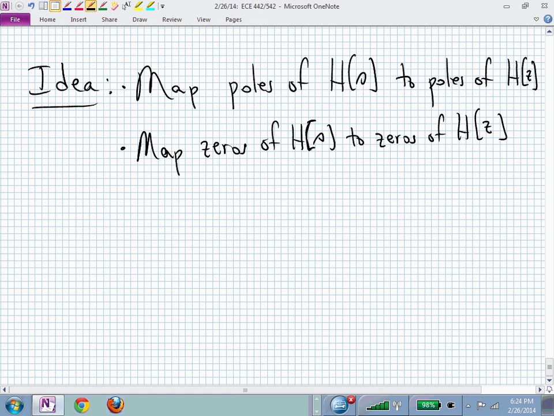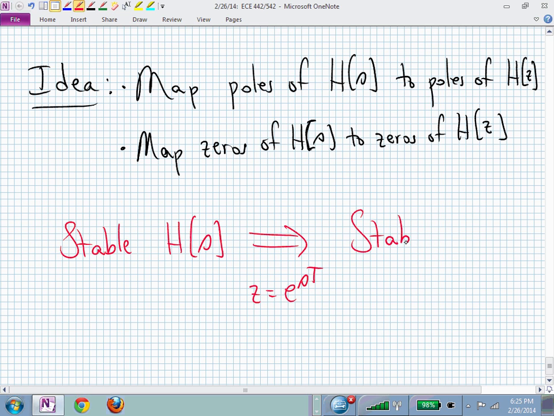And the nice thing about this, if we have stable transfer functions to begin with, since the mapping that we are going to do is all based on z equal to e to the st, then our stable poles that we start with will remain stable.